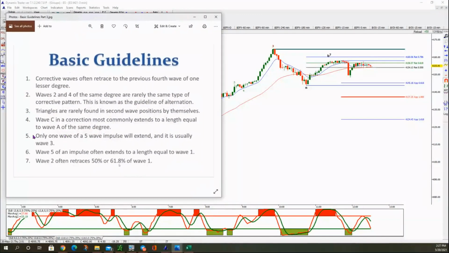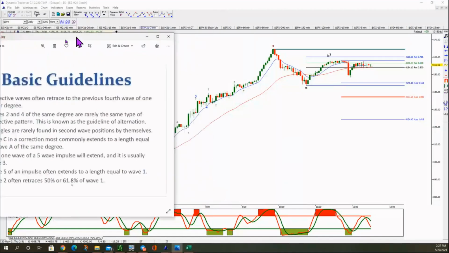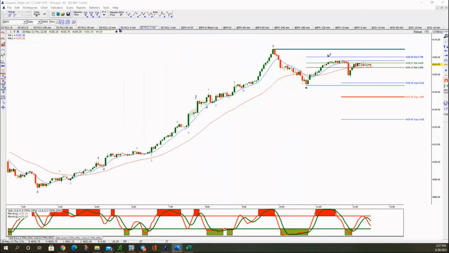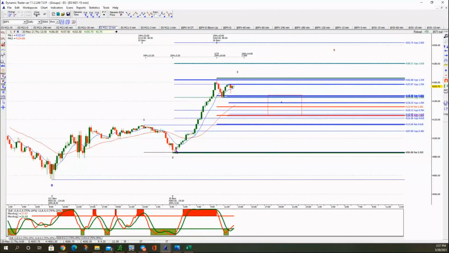Okay, the fifth guideline: only one wave of a 5-wave impulse pattern will extend, and it's usually wave 3. An extension means the typical pattern, this should be a fractal, 5 waves, wave 3 should be a fractal, and wave 5 will be a fractal. Of the 3 impulse fractal waves, only one will extend past the normal guideline target for that wave.